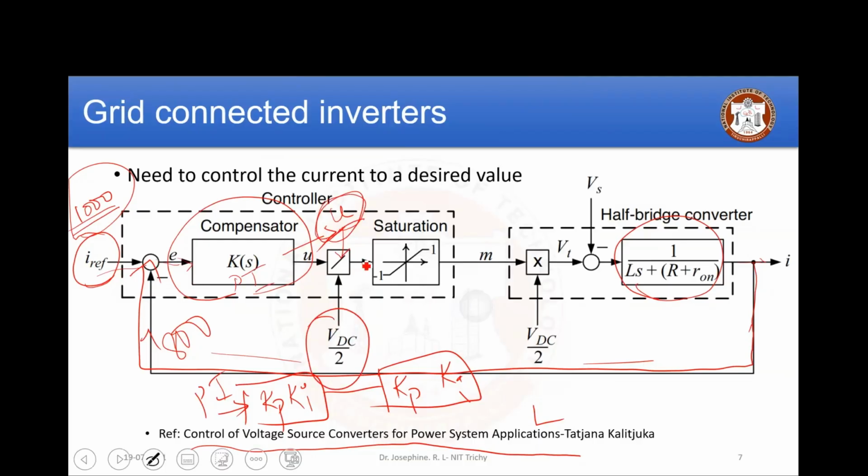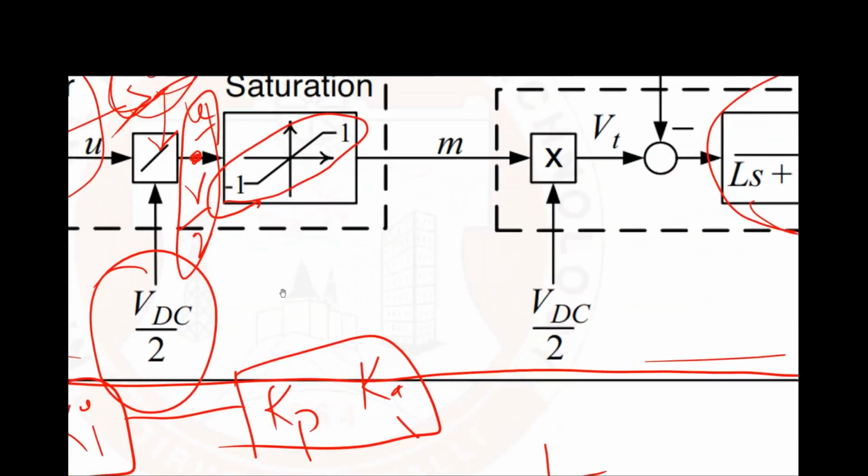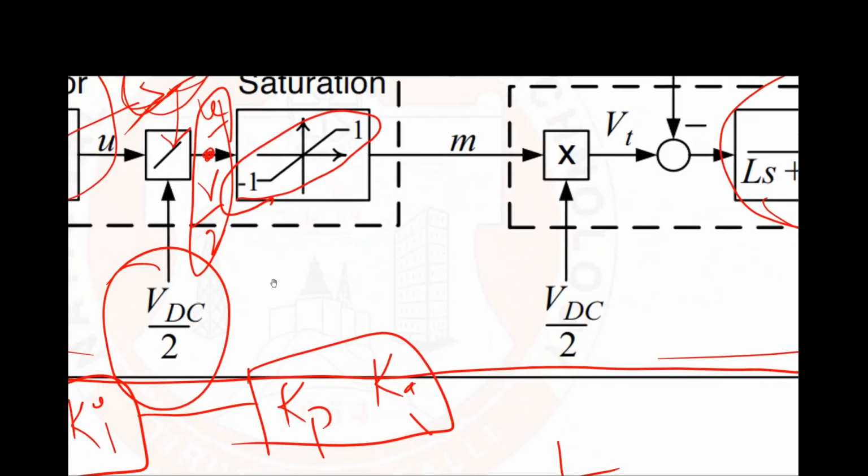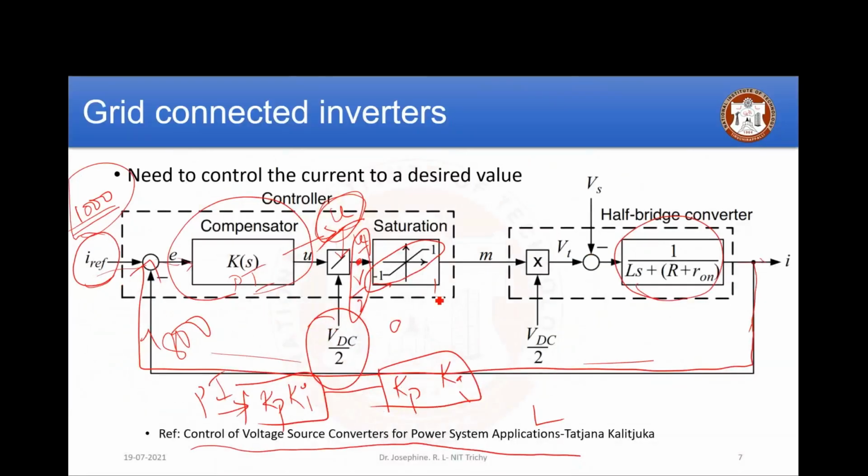Now what will I get here? I'll get U by VDC by 2, which is a per unit representation. This always should be in the range of -1 to 1. Actually, for me, I have made it 0 to 1 only. I didn't even make it -1 to 1. For me, 0 to 1 is sufficient because my modulation index should be between 0 and 1. I don't even use 0, I'll use 0.6 or 0.5 like that. So in the range 0.5 to 1, my entire network will work.